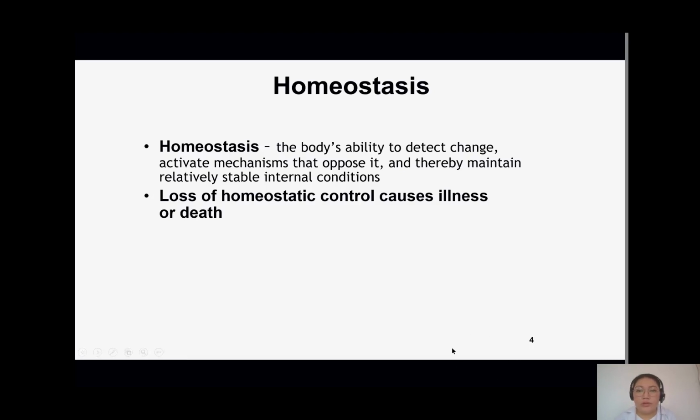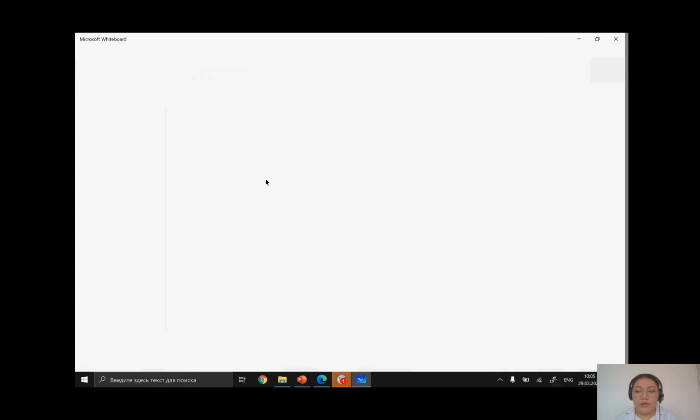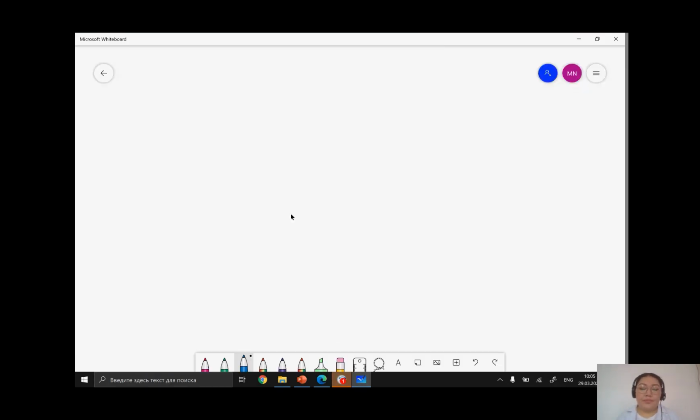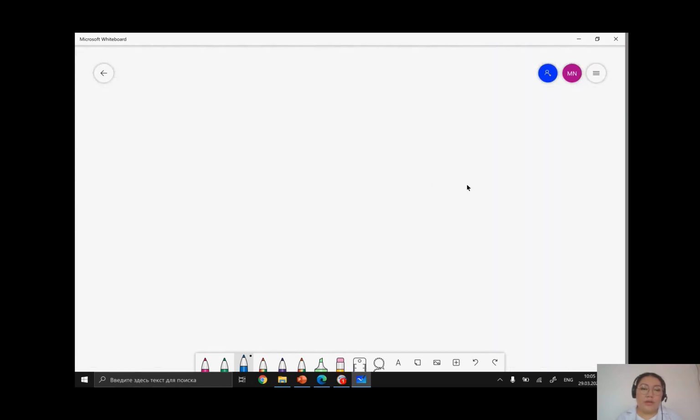Okay, look at this, guys. According to homeostasis, every moment in your life you need to maintain homeostasis.